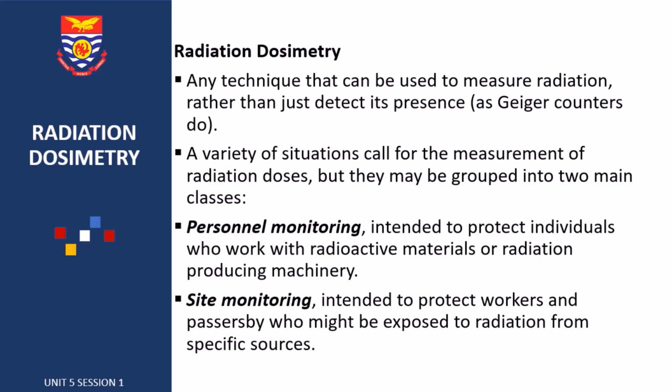It tends to protect them. Also, another situation that calls for the measurement of radiation dose is site monitoring. This also helps to protect workers and passersby who might be exposed to these radiations from a particular or specific source.